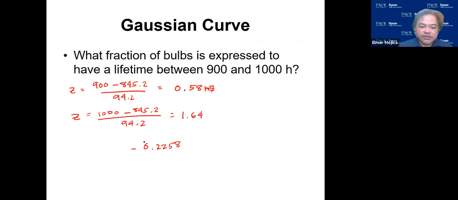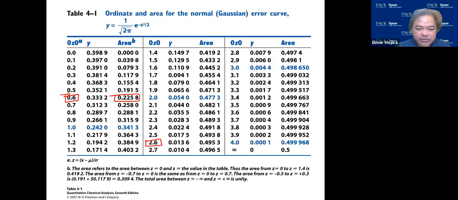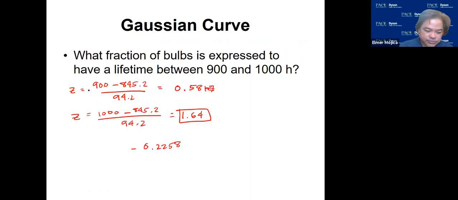Okay. And you're going to subtract it with whatever is the corresponding 1.64, which I think is not given. So you're going to use here 0.4452. So this represents the area under that curve.